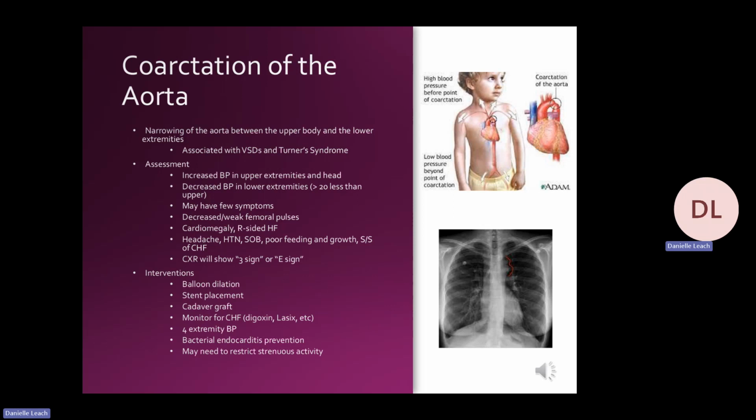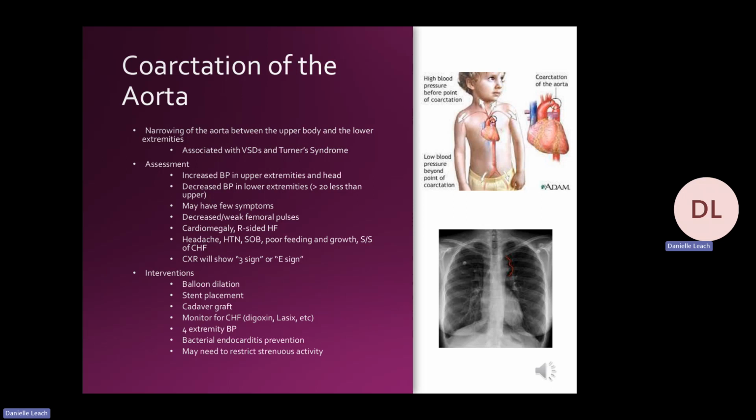It's a greater than 20 millimeters of mercury difference than their upper extremity blood pressure. If it is on the mild side, so say it's not as severe looking as this diagram here, maybe the narrowing isn't that bad, they may have very few symptoms. They can also have decreased or weak femoral pulses, or basically any pulses on the lower half of their body.